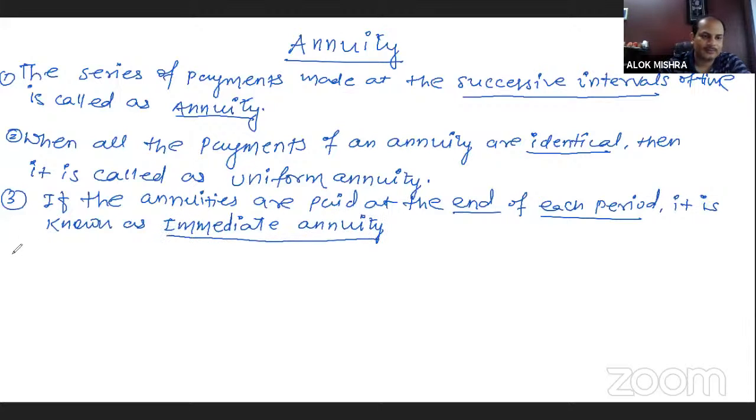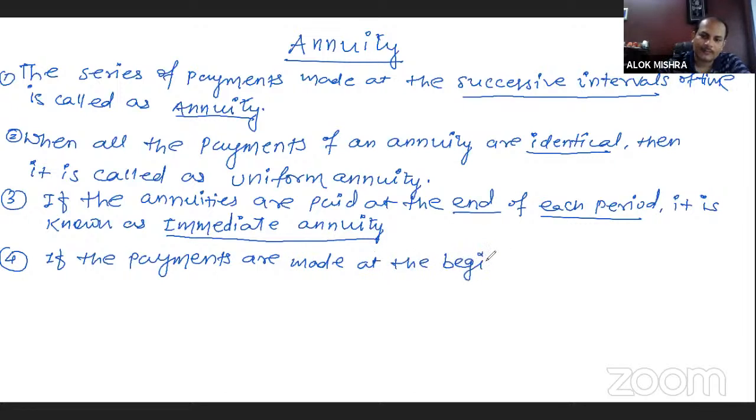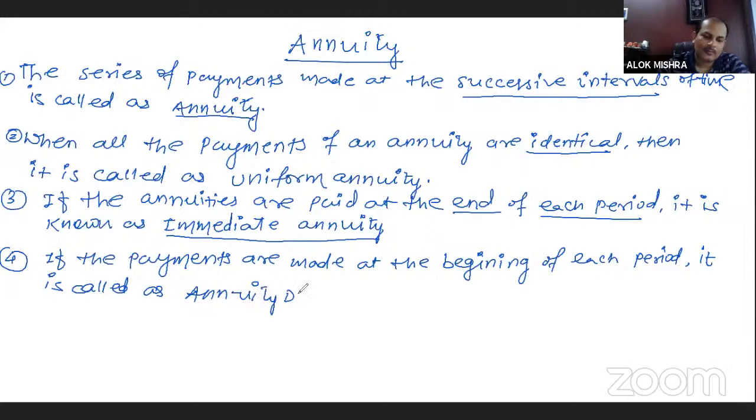Underline the word immediate annuity. Next, if the payments are made at the beginning of each period, it is called as annuity due. Fine.